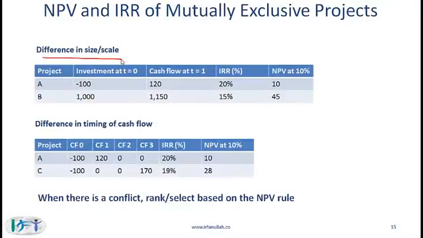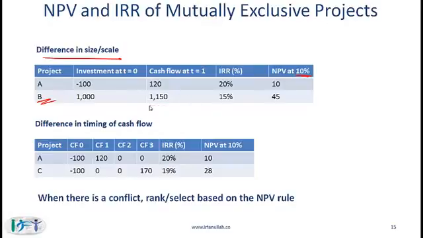First, related to difference in size. You have two projects, A and B. With project A, the investment is 100 at time 0. At time 1, you get back 120. So clearly the IRR is 20% and the NPV, assuming a cost of capital of 10%, is 10. B is a much bigger project, so larger size, 10 times larger.